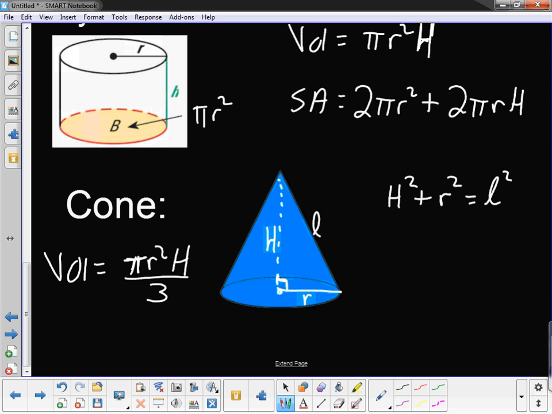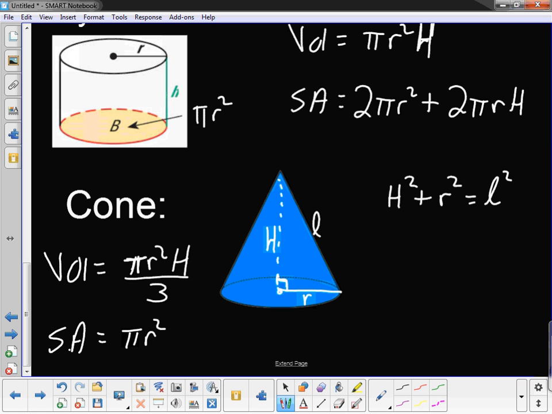Now let's talk about the surface area. When I look at the surface area of this, I do have the area of the circle on the bottom. But then I have the cone itself. If I was thinking about a snow cone, it would be the paper holding that in. What is the area of that paper? Well, when I look at it as a general thing, I see that it is a triangle, which means I'd take half the base times the height.